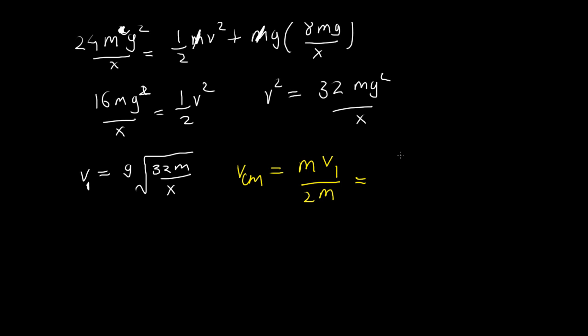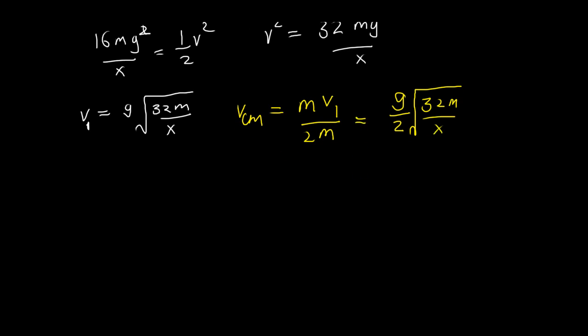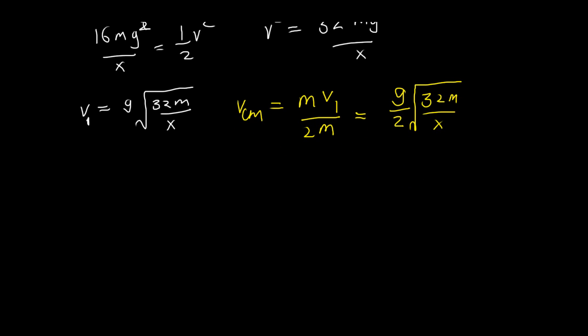If you substitute it here, you get g over 2 times the square root of 32m over x. So that is the center of mass's velocity.